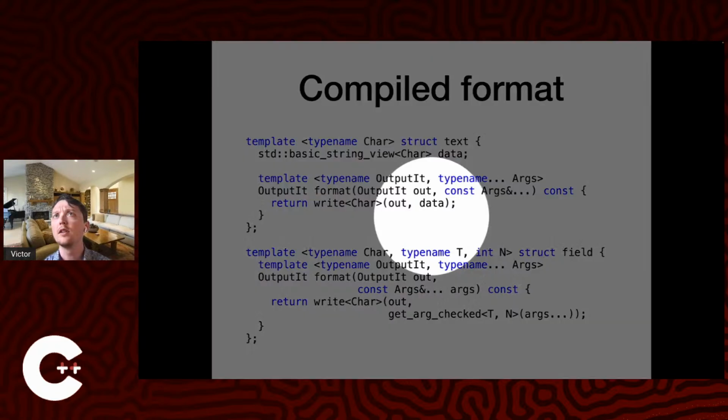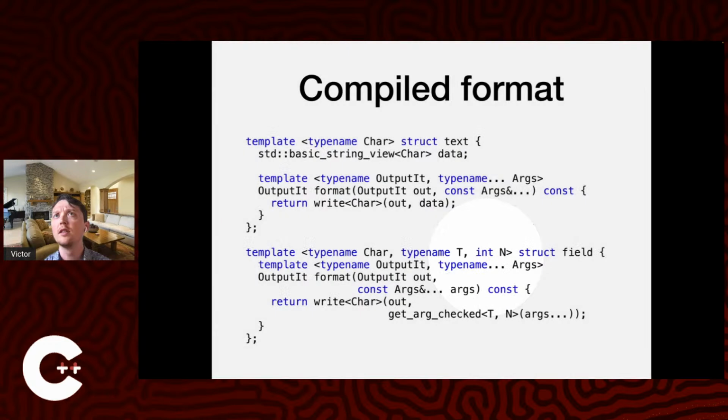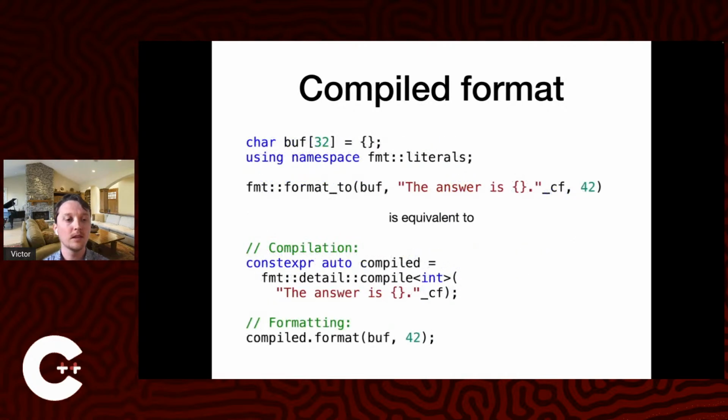So the ID is stored in here, the template parameter. So objects of these types are generated by the compile function, and then at runtime, these format functions are called and do the actual work very efficiently. And this is kind of the general mechanism by which format string compilation works.